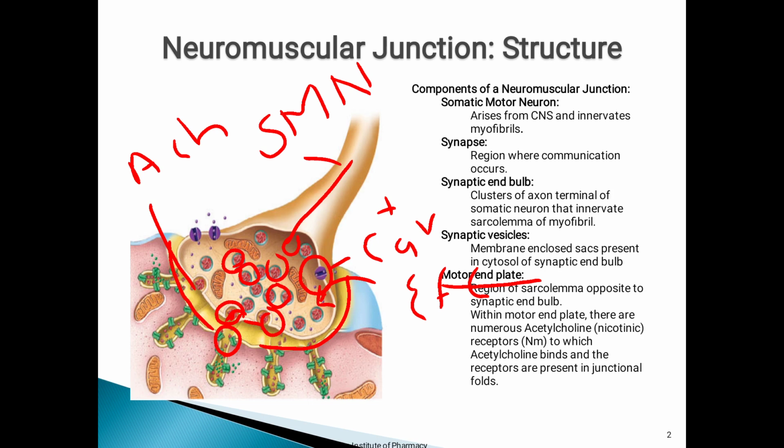What you all can see in green color are the ion channels which are in close association with the receptor. You can see that acetylcholine, the red color, has bound to the green receptor.